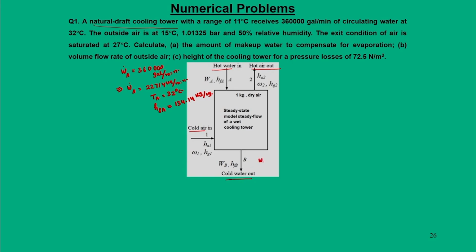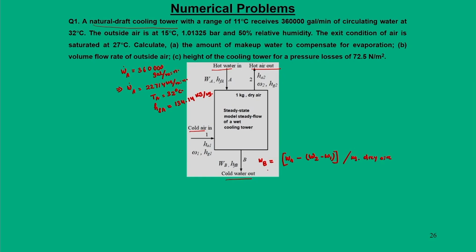Then cold water out. So, we have WB, which is nothing but WA minus omega 2 minus omega 1, which is the amount of water vapor which gets absorbed by the air. This is per kg of dry air.